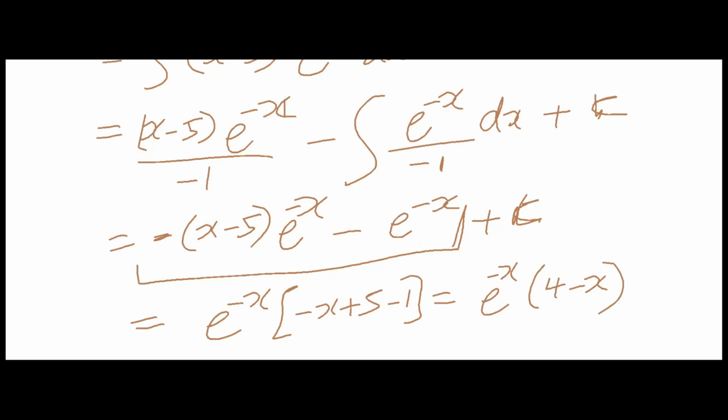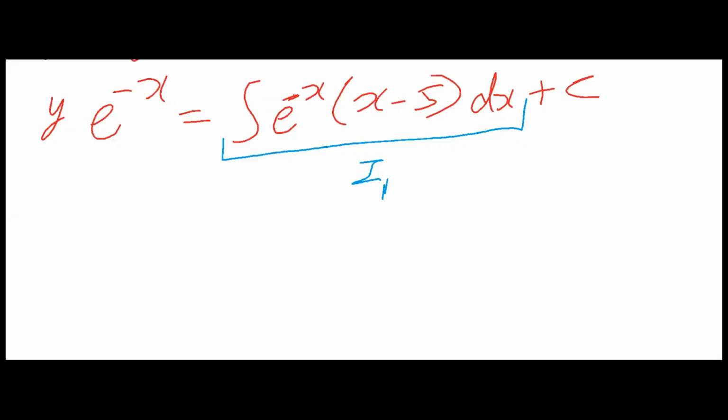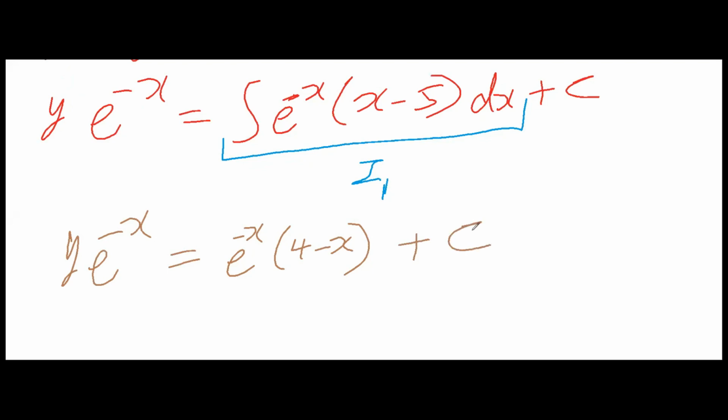So integration of I1 is this. That's what I have got here. And then I'm going to write y e to the power of minus x is equal to integration of I1, which I have solved separately, plus this c. Then this is the solution.